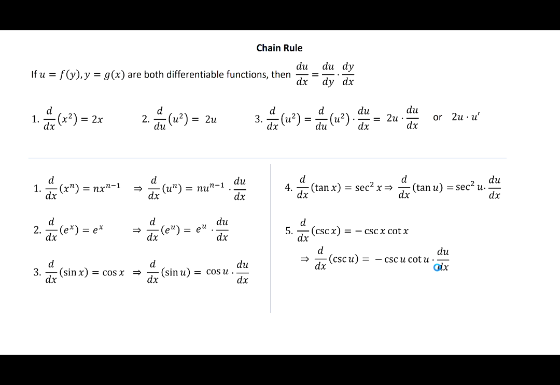Did all this make sense? Fine. But once we understand this concept, let's actually try to solve some problems like the ones that you have in your book. d/dx of the quantity x squared plus 2x minus 9, raised to 5.